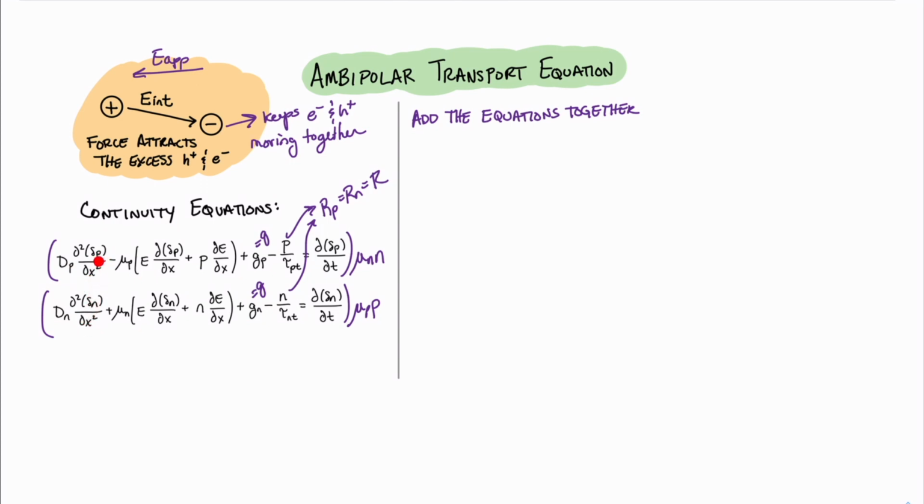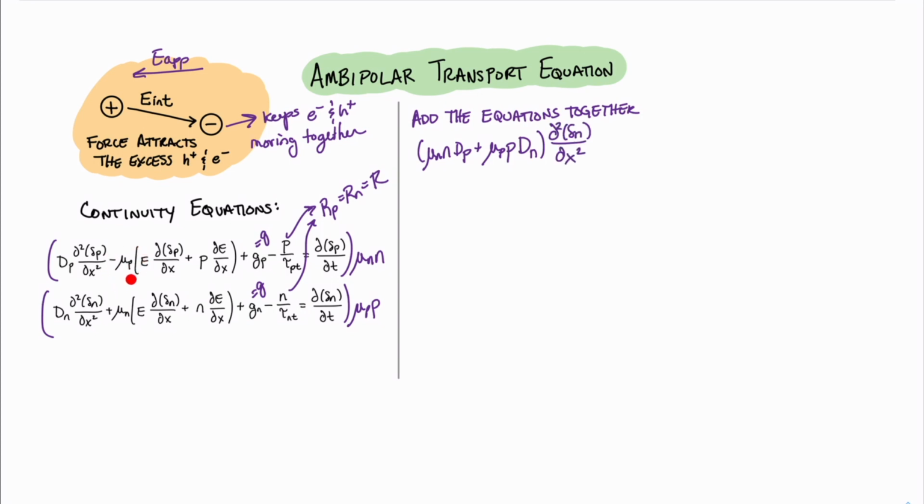Now, one of the things we might notice here is that we have a delta P here and a delta N here. But again, since our excess electron and hole carriers are moving together, there's no need to distinguish these. So we're just going to write delta N as one. We could have chosen delta P, it doesn't matter. So again, that leads us to mu sub N N times dP plus mu sub P P times dN, and that whole quantity times the second derivative of delta N with respect to x squared.